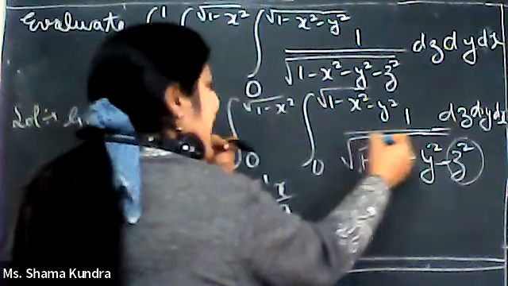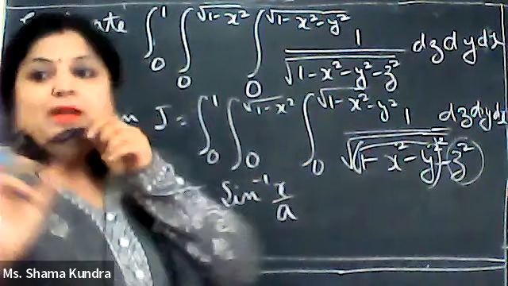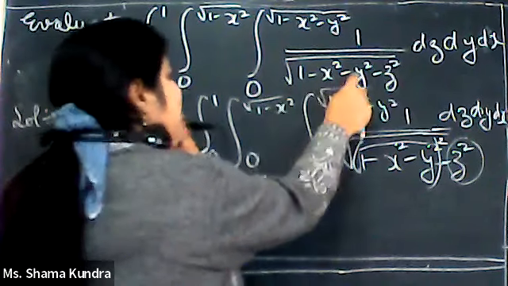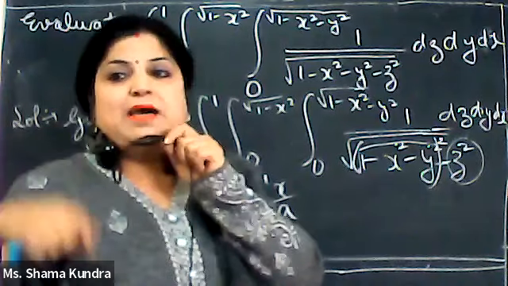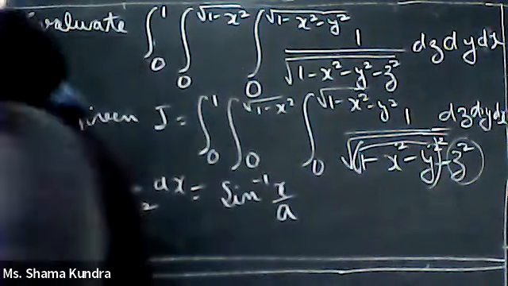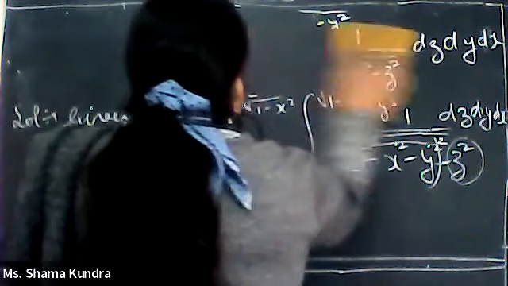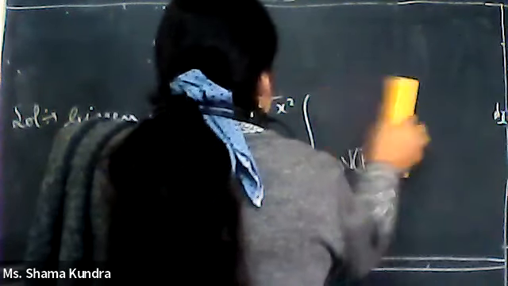I can write 1 minus x square minus y square as a whole square, so the square root and the square get cancelled out. Why have I done it like that? Because I want the integral of 1 upon under root of a square minus x square, which is sine inverse x upon a.